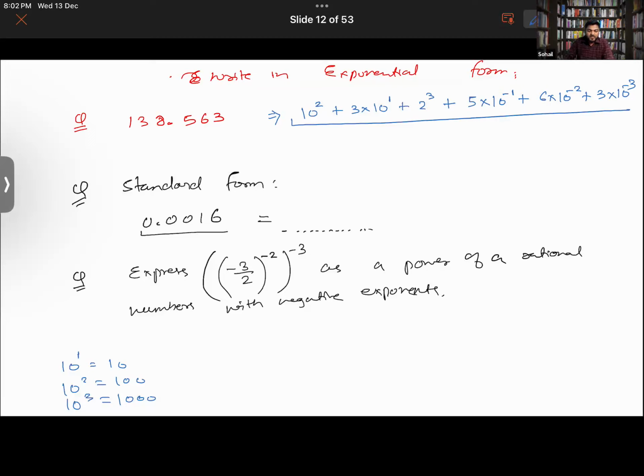Next question, solve that also. Look, the definition of standard form is this, that the number should be expressed in such a manner that it is expressed as the product of a number between 1 and 10, and an integral power of 10. यानी कि जो मैं लिखता हूँ ना यहाँ पे एक multiplied 10 raised to the power something होगा.